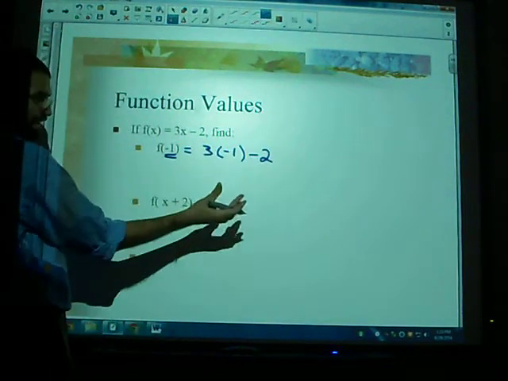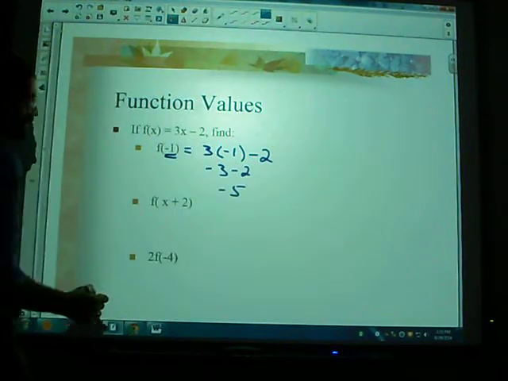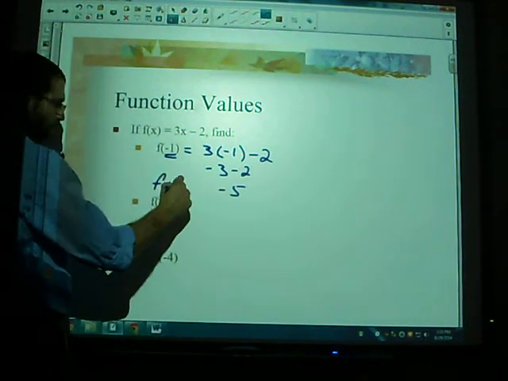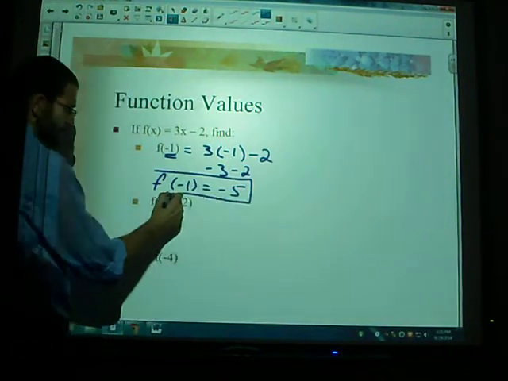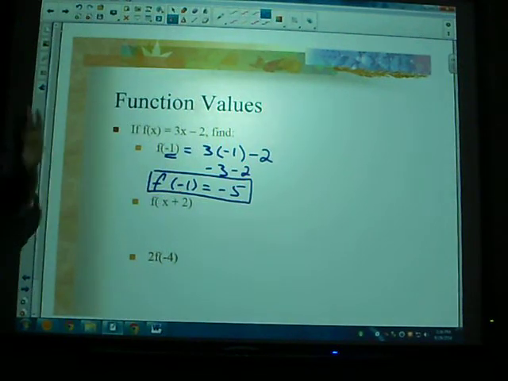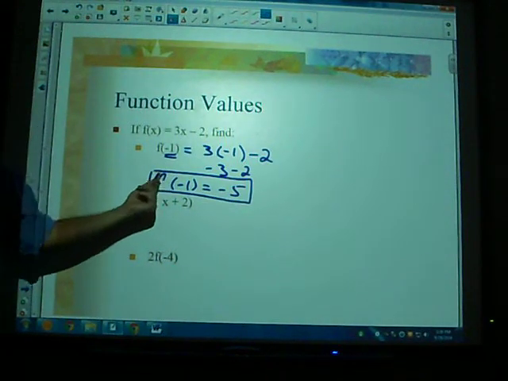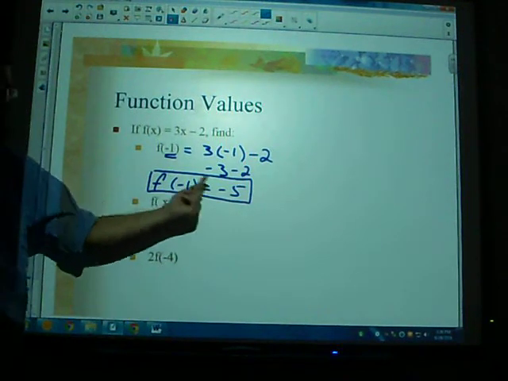And then we calculate and get -5. So we will say f of -1 equals -5. Notice, we do not try to get rid of -1. It stays there. We're just saying that this function right here, when x was -1, is equal to -5.